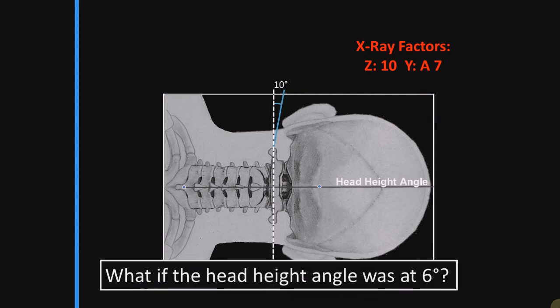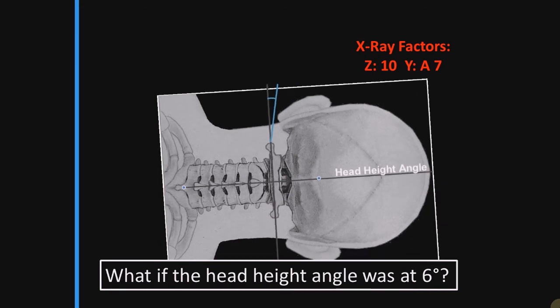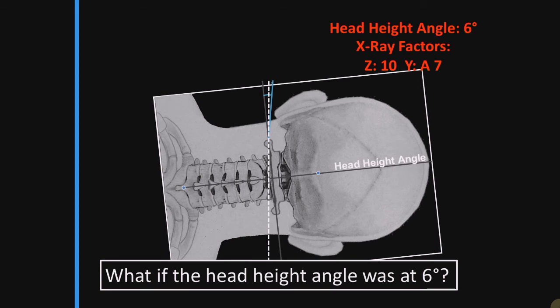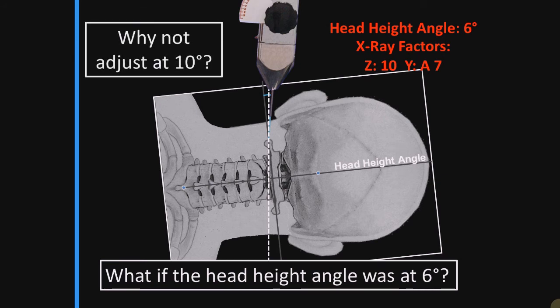But what if the head height angle was at 6 degrees? If the patient's body position, side-lying, was at 6 degrees, then only a 4-degree instrument setting would be required to give the patient a 10-degree adjustment. So why would we set the instrument at 4 degrees instead of adjusting at 10 degrees?